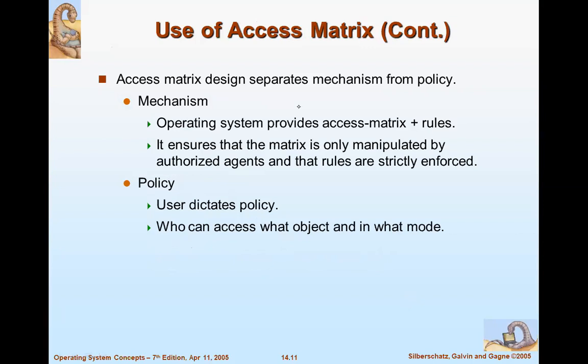Access matrix design separates mechanism from policy. So here you can see that the operating system provides the access matrix plus rules as well. For example, if you are providing access of read and write, and another object is requesting the same file for a read or write operation, then what kind of rule will be applied over here?